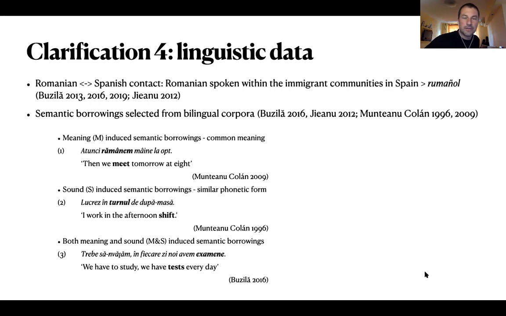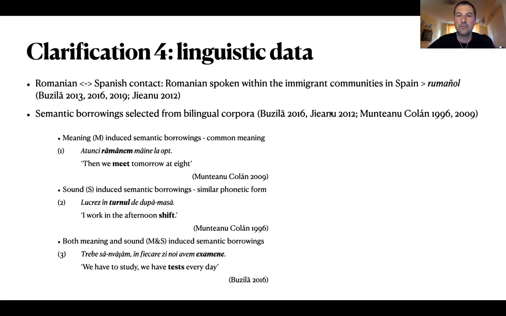Now, I will mention some more details about the model. Before that, the last clarification is related to the linguistic data I'm using. So the data is taken from language contact situations taking place within the Romanian immigrant communities in Spain. This is related to the recent history of Romanian immigration to Spain.